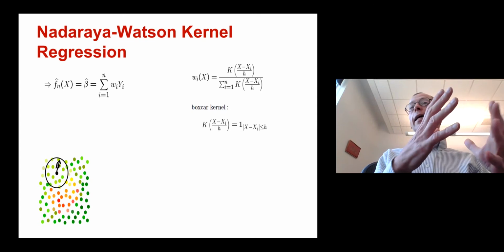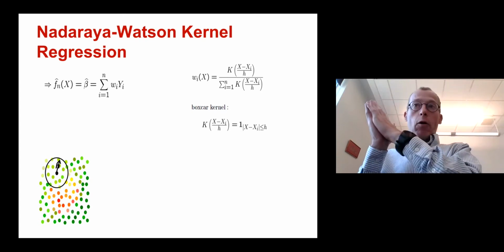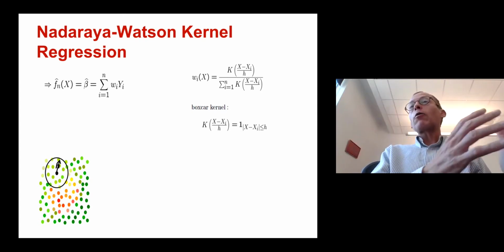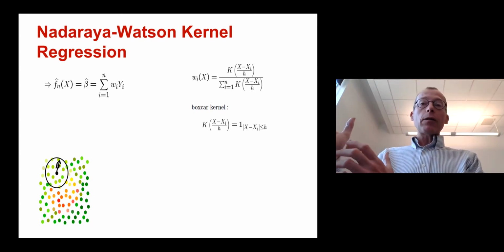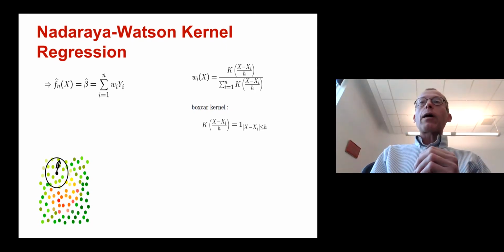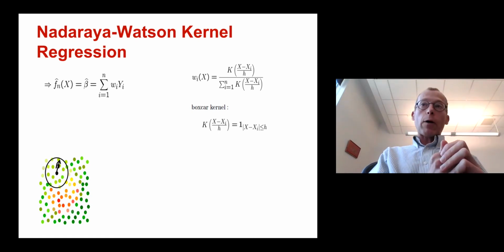So it's an indicator function: 1 means that you're in, 0 means that you're out. Everything that is in has the same weight, and everything that is out has a weight of 0.